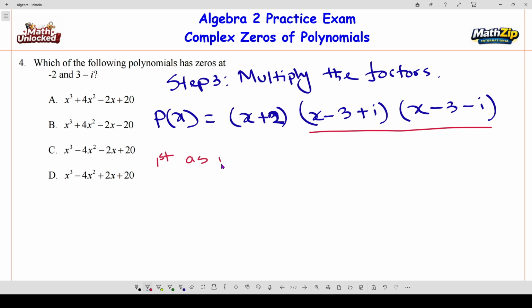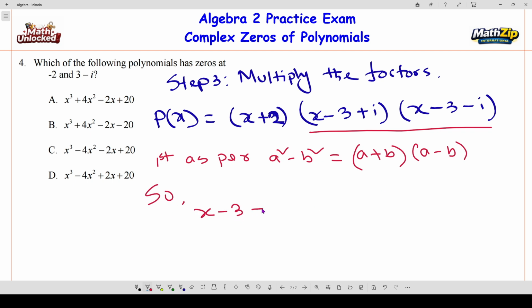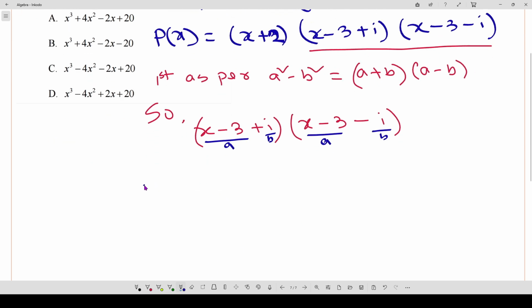As per a square minus b square equals a plus b times a minus b, here a is x minus 3 and b is i. Then we can write x minus 3 whole square minus i square.